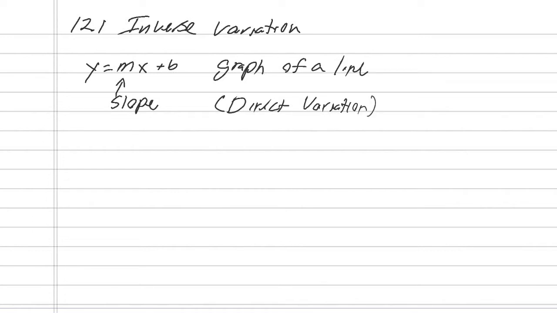Now we're going to talk about inverse variation. Inverse variation has a slightly different relationship between the coordinates. This is really common in a situation where, let's just say you have 5 people and it takes so many hours to do a job.